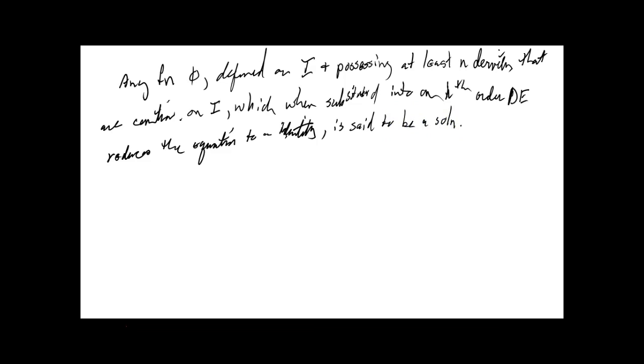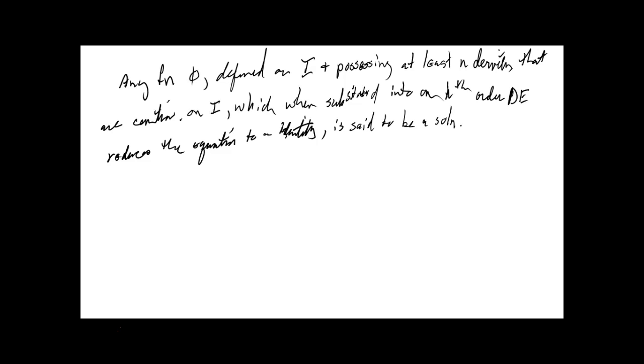Of that differential equation on that interval. The equation and the interval are important. Okay. Now, a lot of blah, blah, blah there. A function phi, defined on some interval I, possesses at least n derivatives that are also contained in that interval I, which, when substituted into an nth order differential equation, reduces that equation to an identity, then that's the solution.